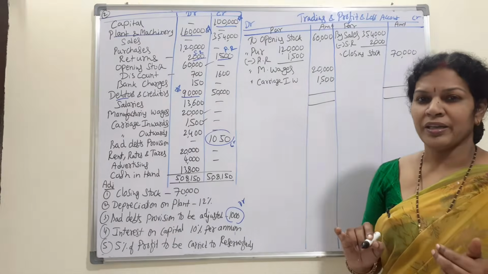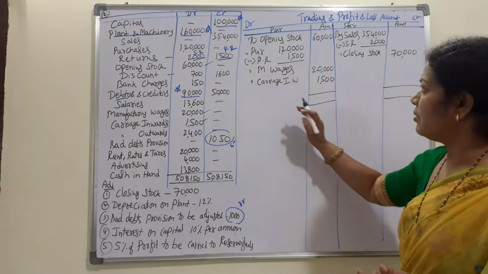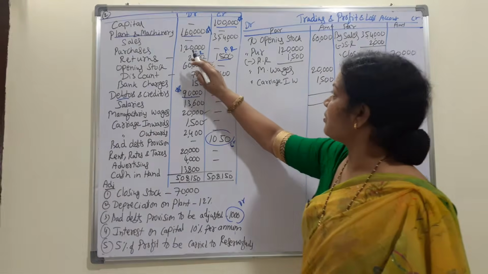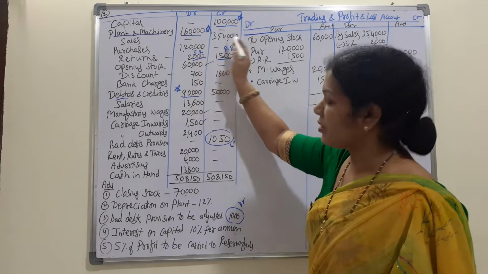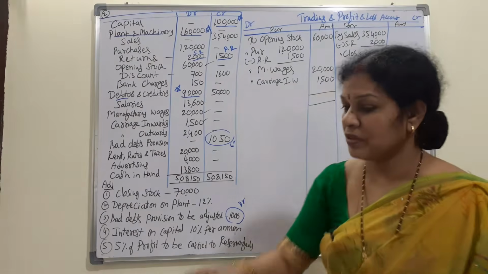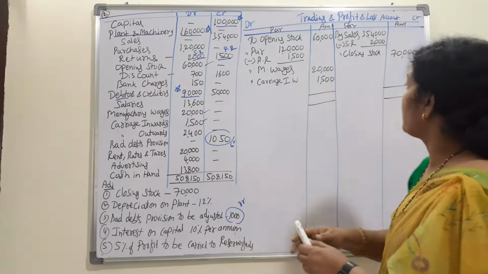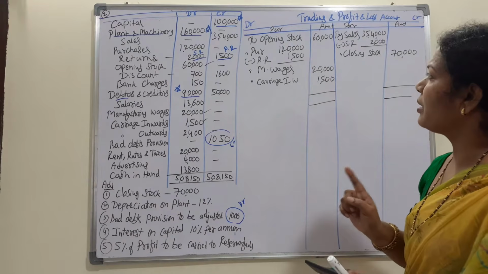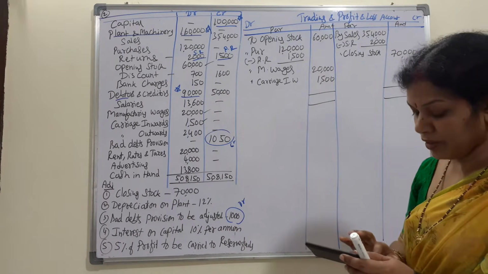First we'll close this trading account, and then work out the P&L account. For closing the trading account, 1,20,000 minus 1,500 is 1,18,500.